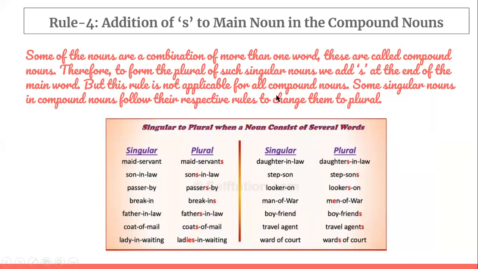Rule number 4, addition of S to the main noun in the compound nouns. Now, when you're talking about compound words, some nouns are a combination of more than one word, and these are called compound nouns, like son in law, maid servant, stepson, father in law, etc. So, over here, to make it into a plural, we are going to add s at the end of the main word.